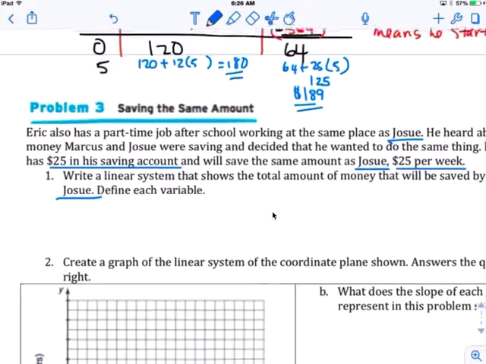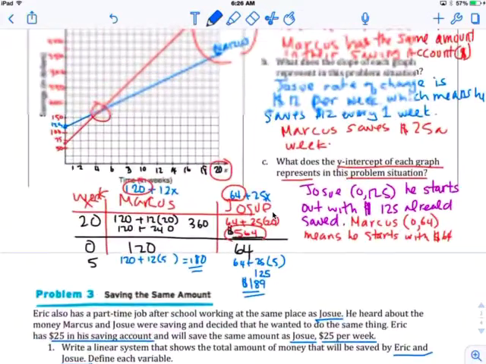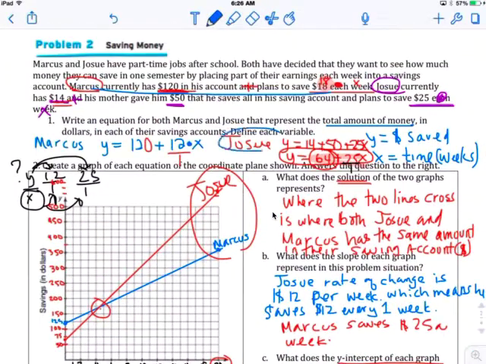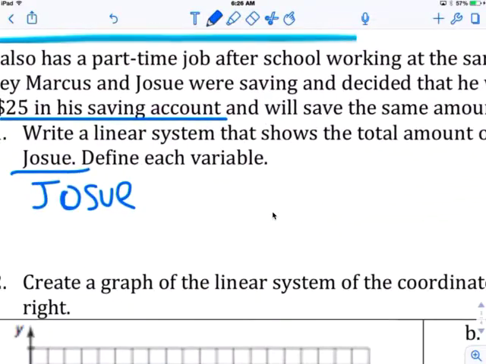So Eric, first of all, from Josue, let's go look at Josue. Josue is this, right? 64. Y equals 64 plus $25 per week.